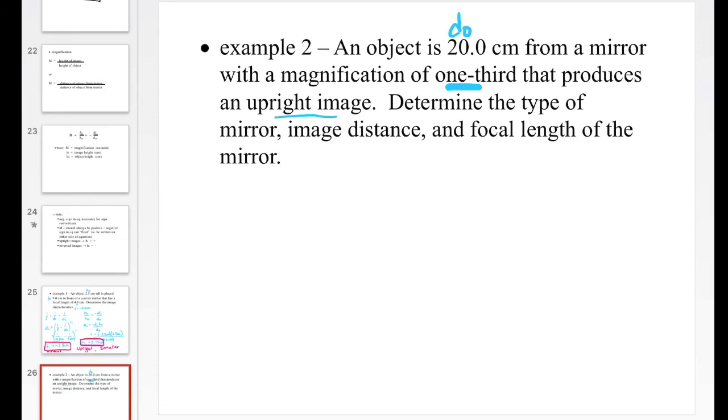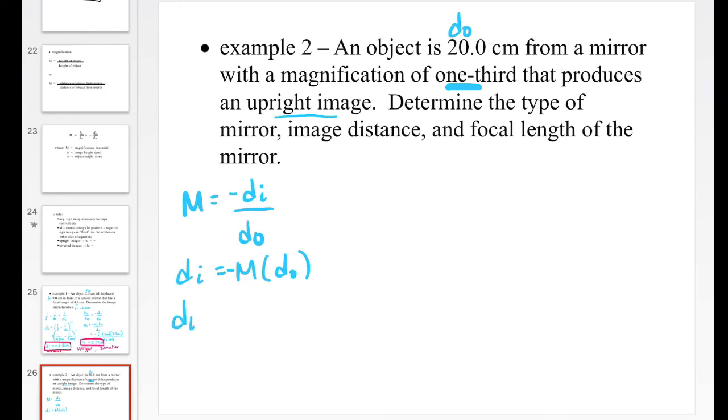Well, in this case, we just have the magnification and the object distance from the mirror. So we better just start with this equation right here. If I want the image distance, then that's just the magnification times the distance of the object from the mirror. Oh, I forgot the negative out front, because I know the image distance is going to be negative if we have an upright image, because that means it is going to be virtual.